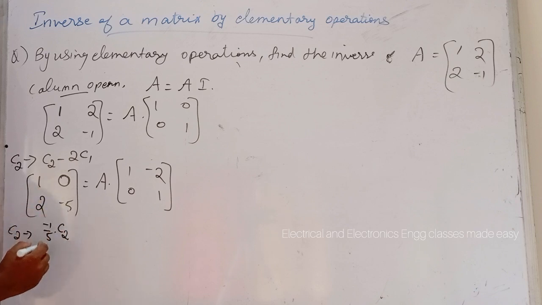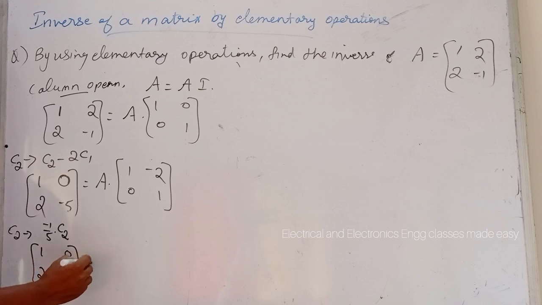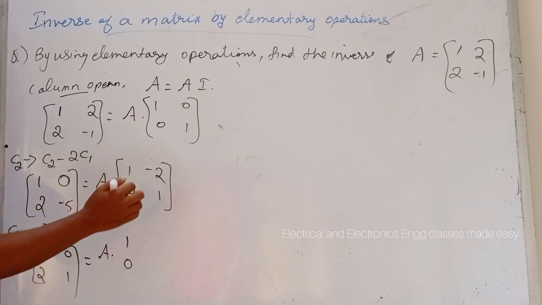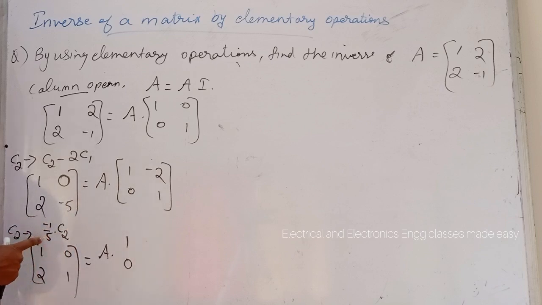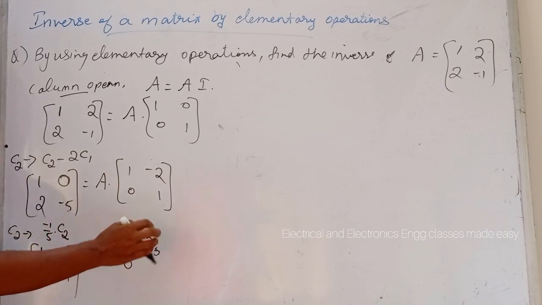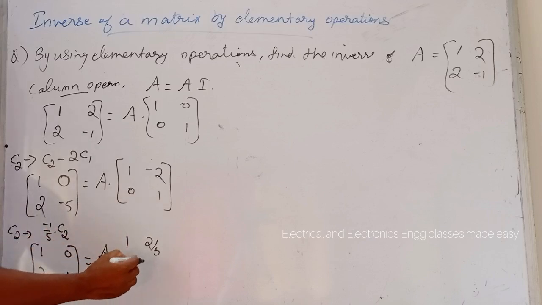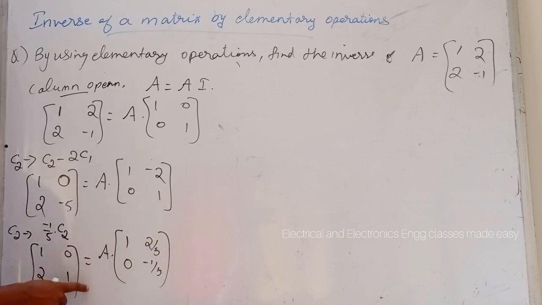So C2 is changed, so 0 then 1 equal to A into, here we will get 1, 0. So here we will get minus 2 into minus 1 by 5, that is 2 by 5. Then here 1 into minus 1 by 5, that is minus 1 by 5. So this is the second step.